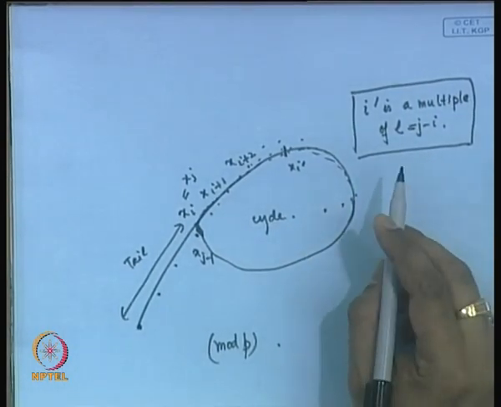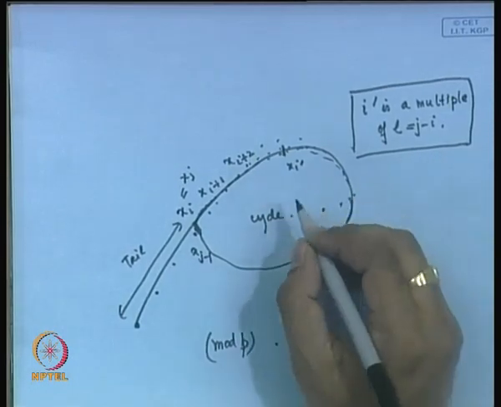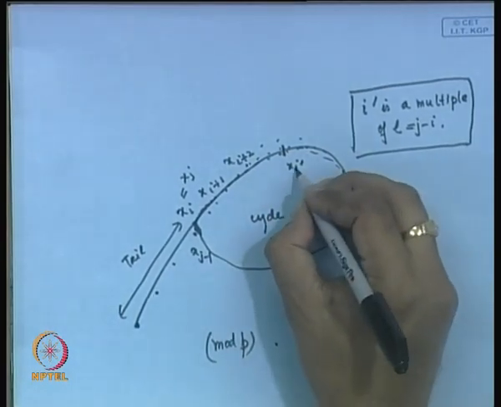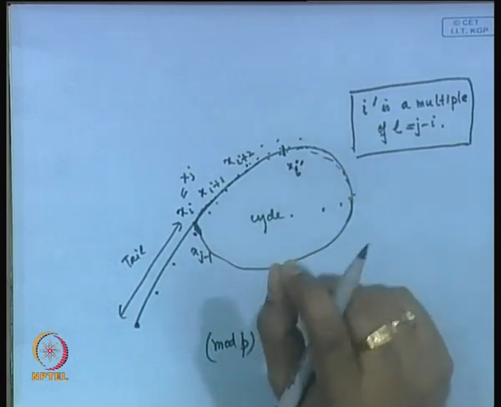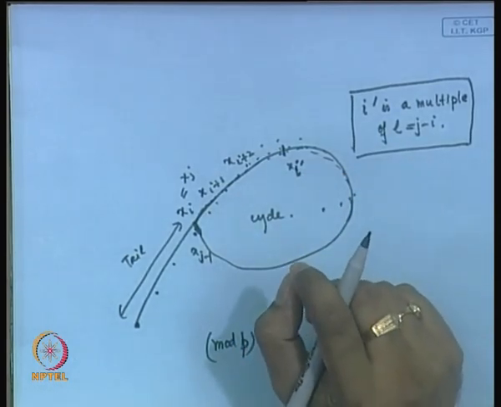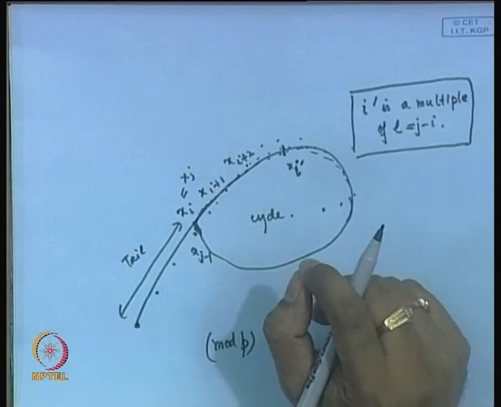So this is the first observation. Therefore, there must be one element whose index is a multiple of L.